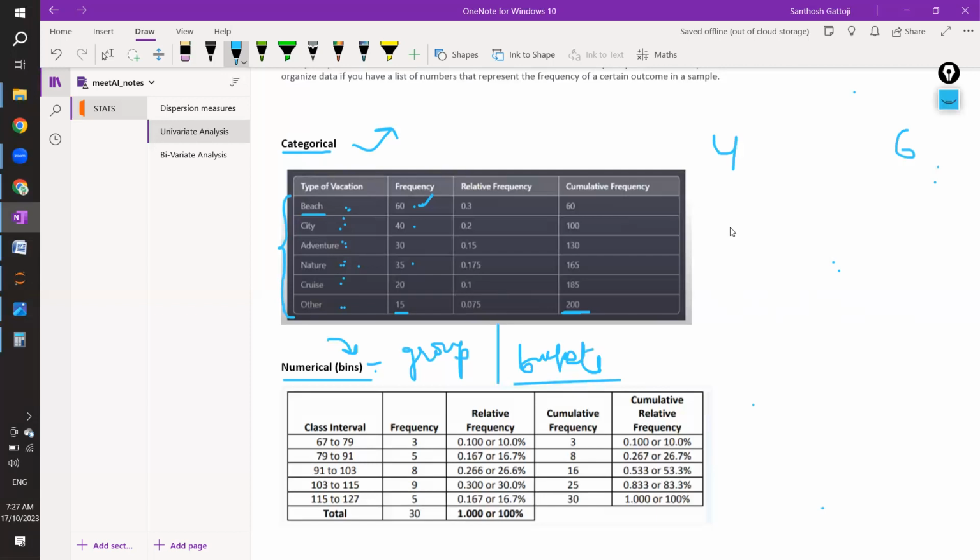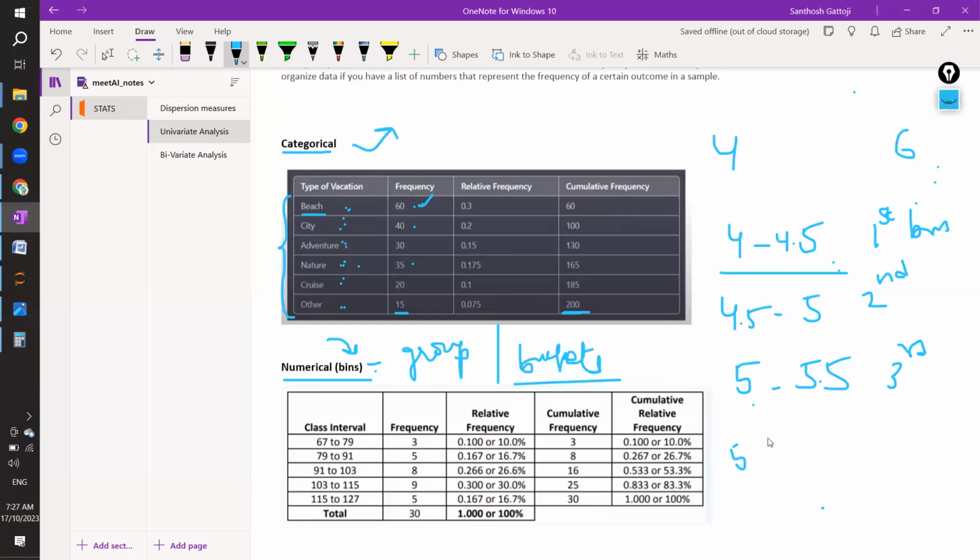From 4 to 4.5, one group, one bin. First bin. 4.5 to 5, second bin. 5 to 5.5, third bin. 5.5 to 6, fourth bin.